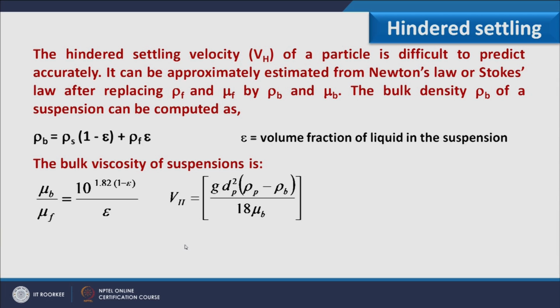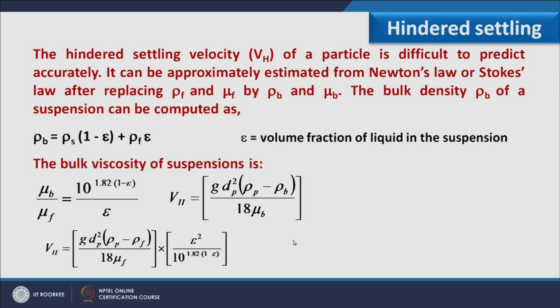And if you remember the expression of terminal settling velocity, this is the same expression, but we have written it for Vh, that is hindered settling. Why? Because here rho f and mu f are replaced by rho b and mu b, and when we write the expression of rho b and mu b over here, further we can replace the expression in terms of rho f and mu f, and one additional term will appear.